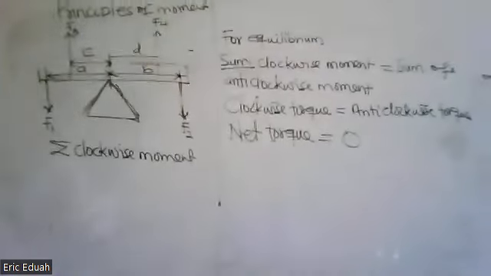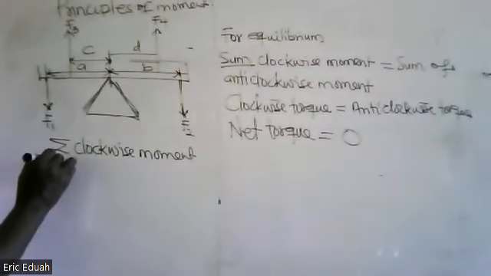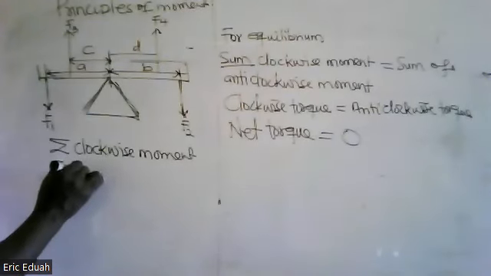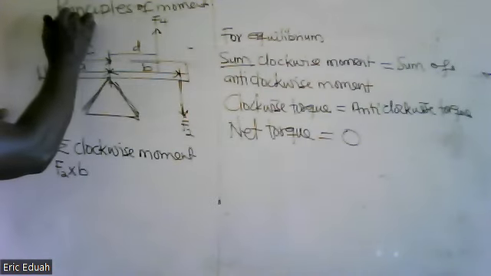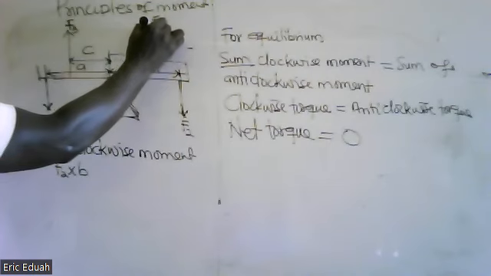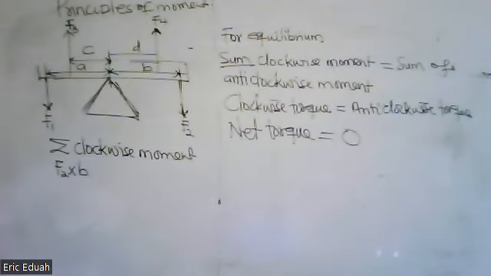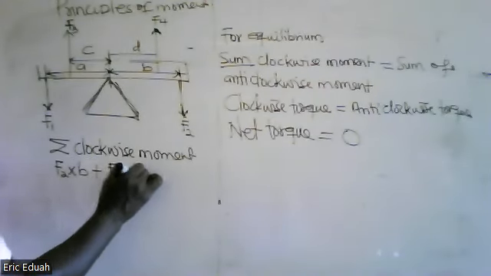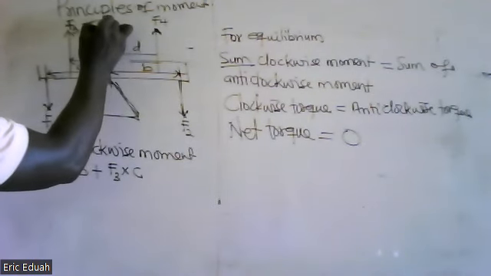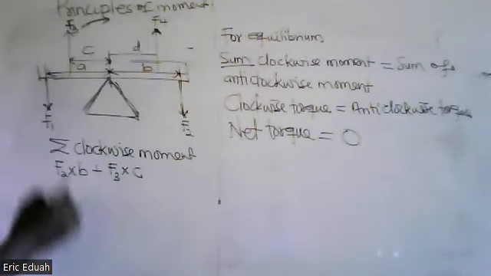The first one will be F2 times B. The ones on top, which one is 3 and which one is 4? This is F3 and this is F4. So this plus F3 times C. F3 is in this direction, all right? Yeah.